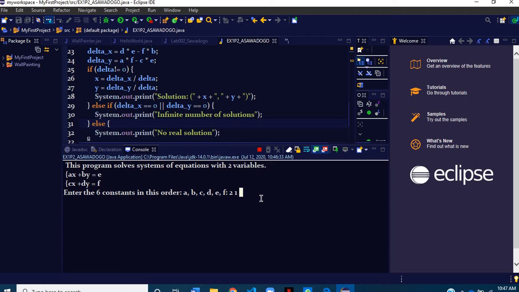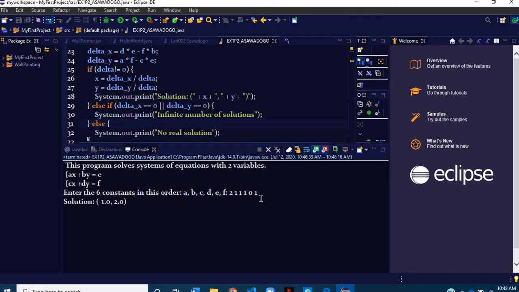And for C, I would say 1, -1, so -1 plus 2, so plus 1y is equal to E, which would be 0, and F would be -1 and 2. That is 1. Let's check if it's going to be correct. I should have -1 and 2. Yep, -1 and 2.